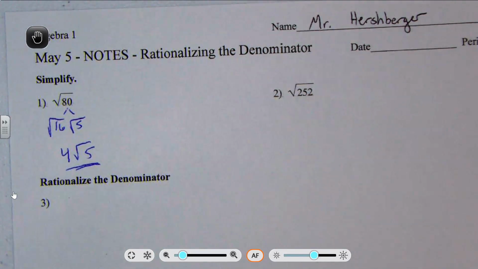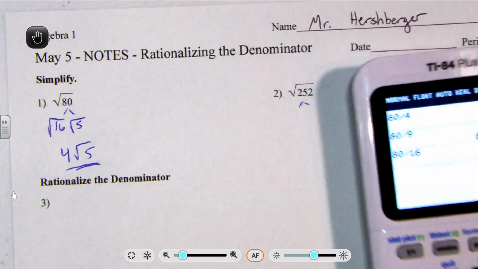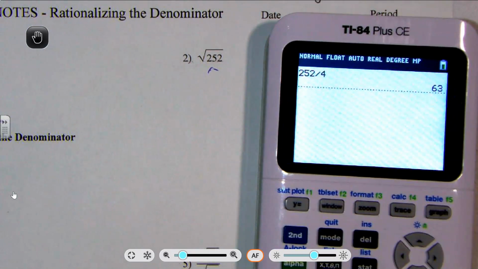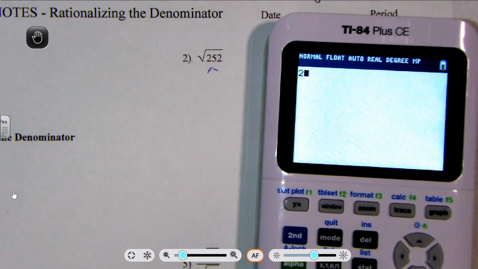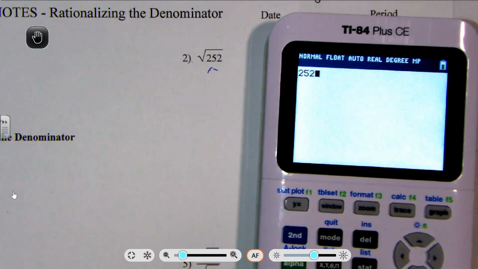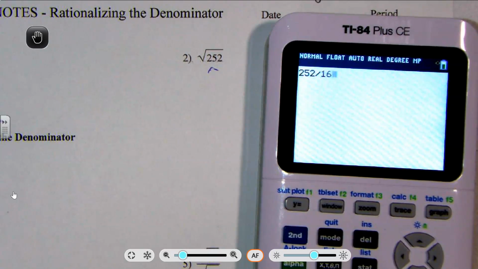Now 252, a little bit bigger, but we want to find some numbers. If we just start with 4, the first one, 4 and 63, that could be something, but 63 has a perfect square, which it actually does, so we can keep trying some other numbers. 252 divided by 9, 9 and 28, so that's an option, but we can see if there's another bigger perfect square. 252 divided by 16, 4 squared is the next one. That doesn't work.